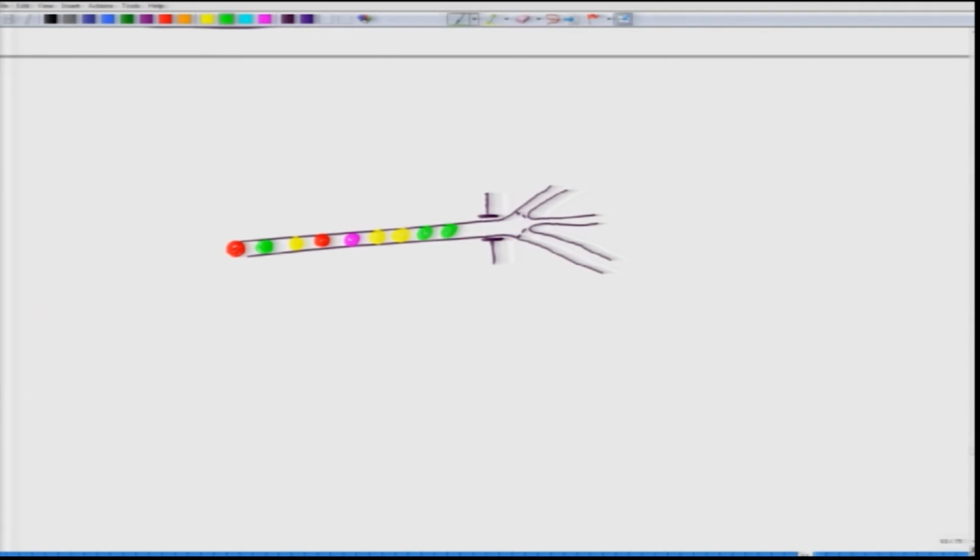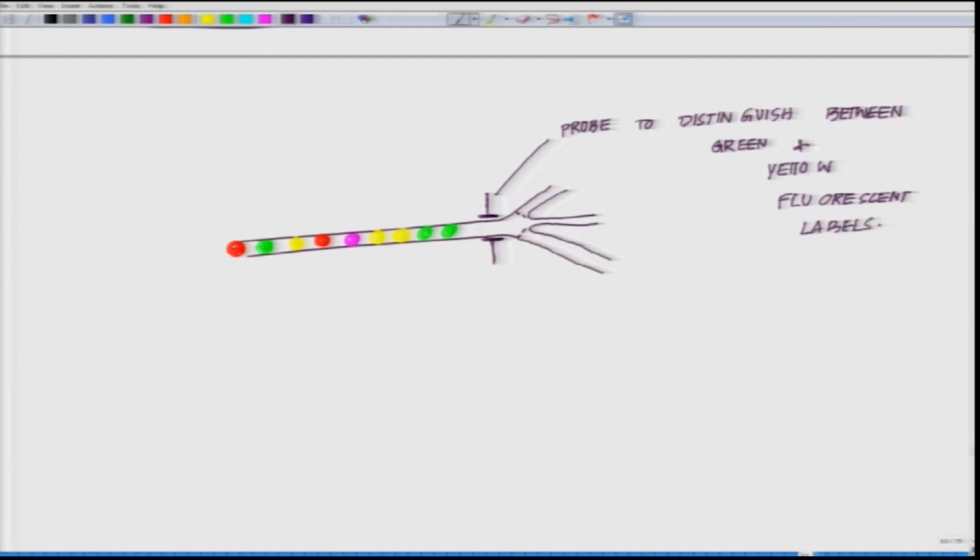Now, here you are having the probe, a probe to distinguish, in this case study, between green and yellow fluorescent labels.